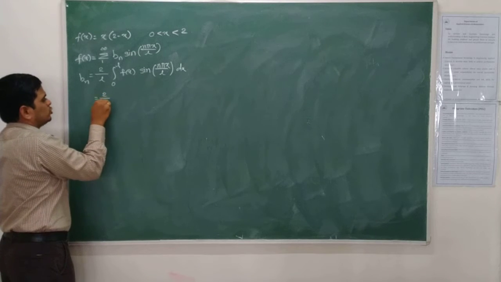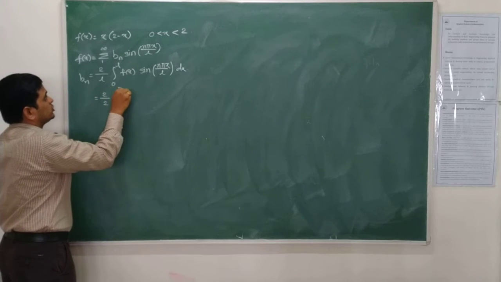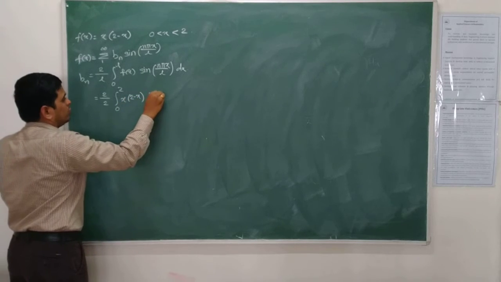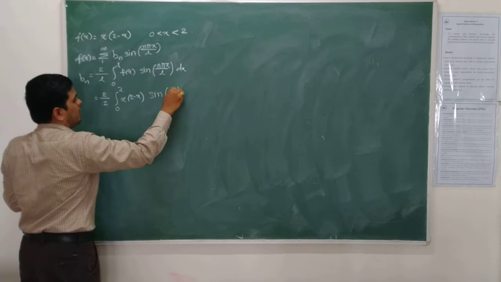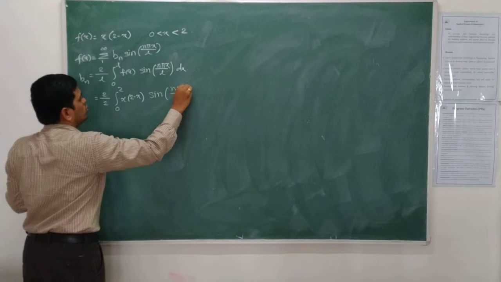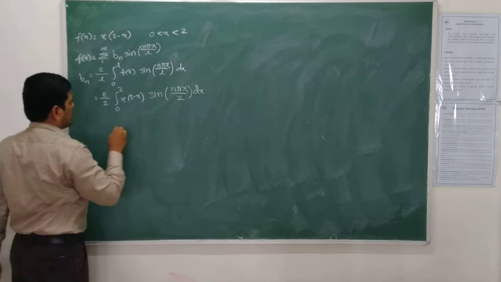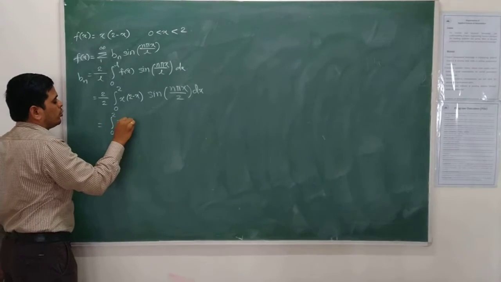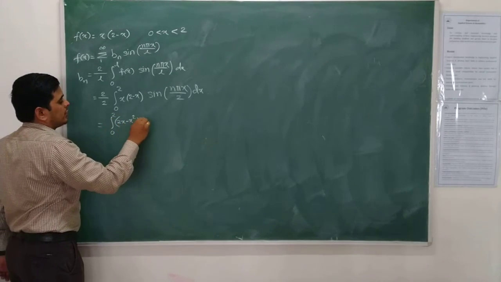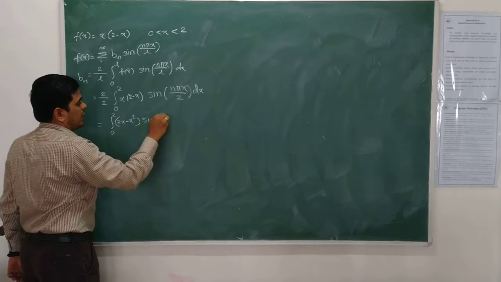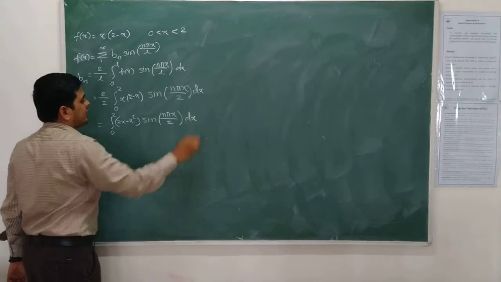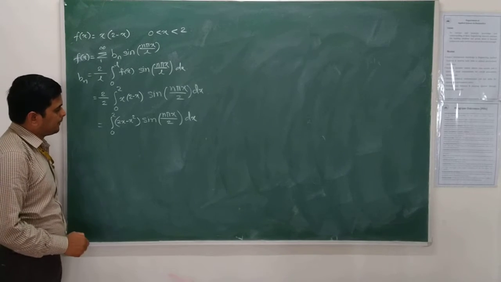So this gives 2 upon 2 integration from 0 to 2 of x into bracket 2 minus x into sine of n pi x upon 2 dx. The 2s get cancelled, so this is integration from 0 to 2 of 2x minus x square into sine of n pi x upon 2 dx.